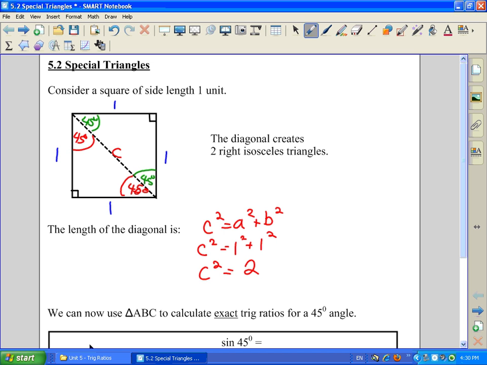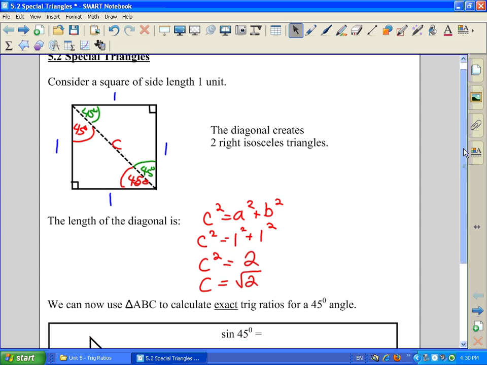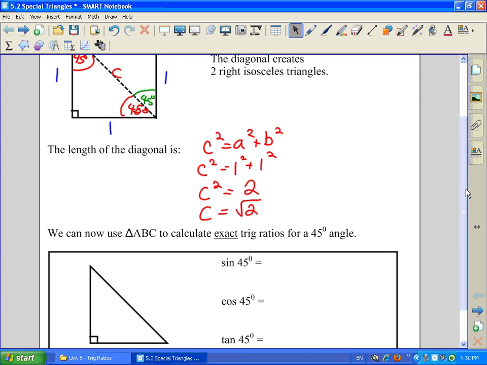To get C by itself, C equals the square root of 2, which is your opposite operation. And we're going to leave it like that, folks, because if you plug the square root of 2 into your calculator, you will notice that it's called an irrational number. The decimal keeps on going and there's no pattern or repeat. Okay, so we're just going to leave it like that for now.